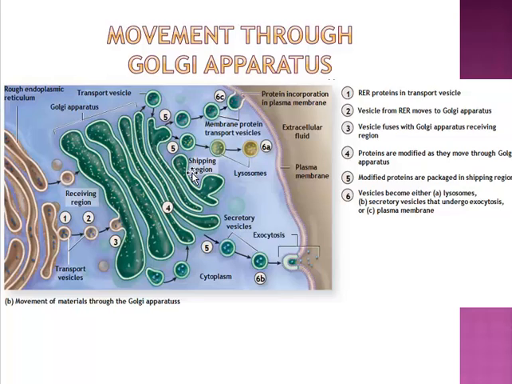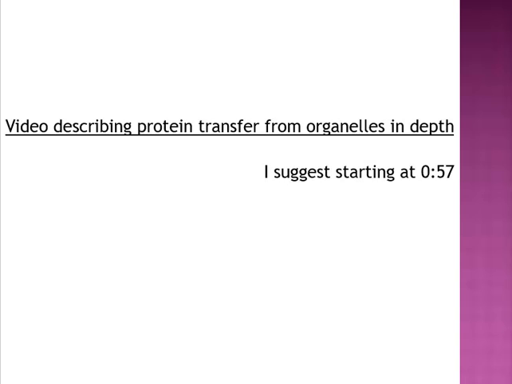The modified proteins are then packaged in a similar way to how they were in the rough endoplasmic reticulum, and then sent off into the plasma membrane, or exit the cell through exocytosis, or become a lysosome. Here's a video describing the protein transfer from organelles more in depth. I suggest starting at second 57.